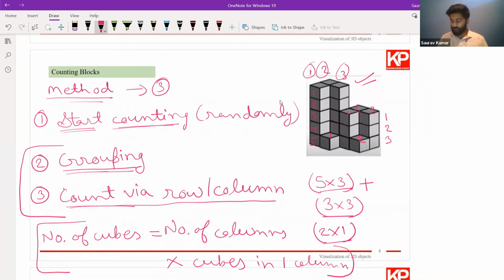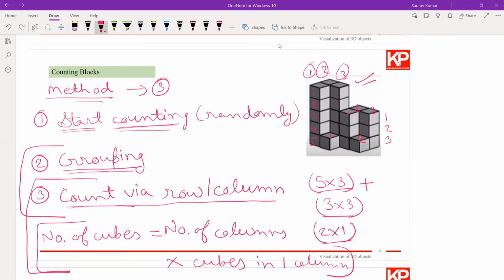Those who are still struggling to understand this, please stress upon this method because it will make it very easy for you to simply count the number of blocks. I'll show you some complex arrangements also. And if you just simply start counting the blocks, then this method will make it difficult for you. So I want confirmation from other students as well, if things are clear or not. Yes, clear, sir. Okay, thank you.